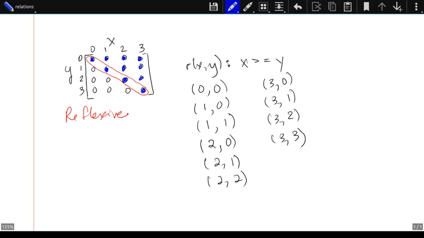Now, when a relation is also transitive, we'll see this behavior that one side of this diagonal is also completely filled in. So we'll see this indicates that this relation is also transitive. But it's still reflexive because that central diagonal is filled in.